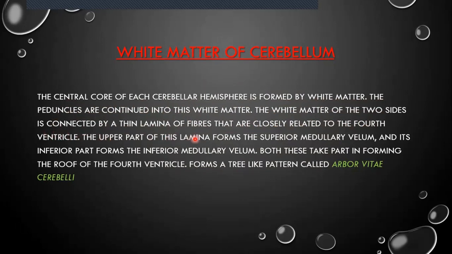The upper part of this lamina forms the superior medullary velum, and its inferior part forms the inferior medullary velum. Both take part in forming the roof of the fourth ventricle. The white matter of cerebellum forms a tree-like pattern, as I have said, known as the arbor vitae cerebelli. Arbor vitae means tree of life, so it is the tree of life of the cerebellum.